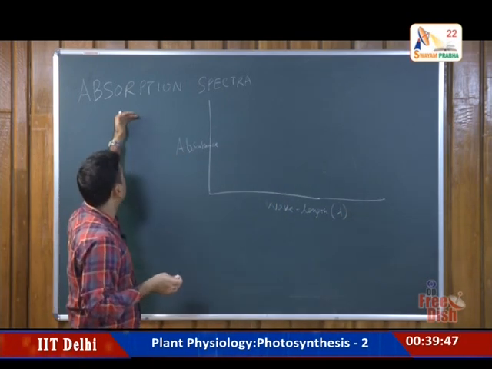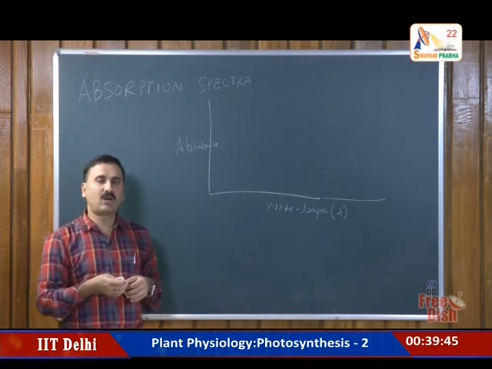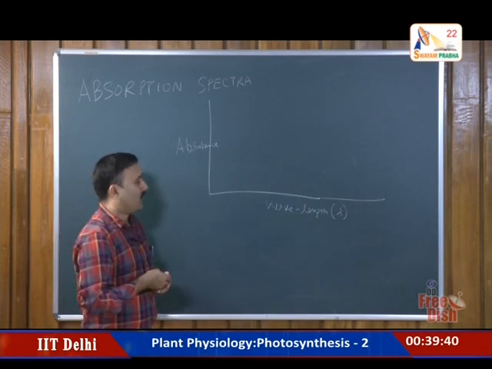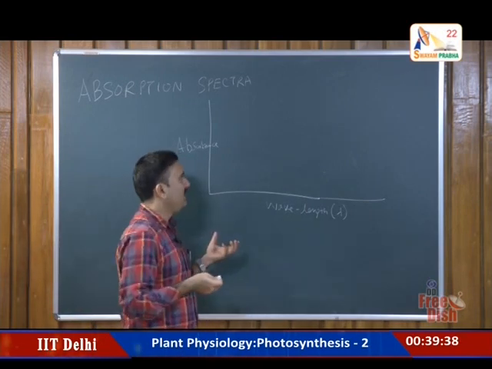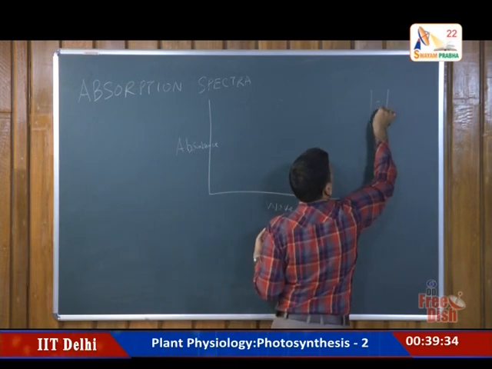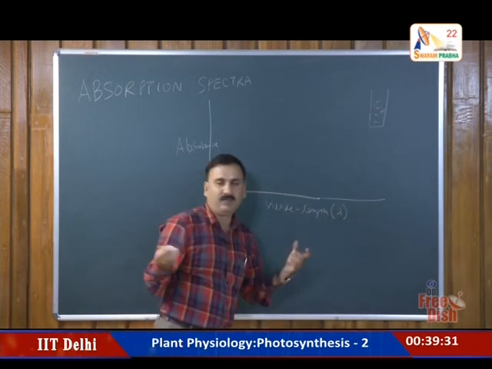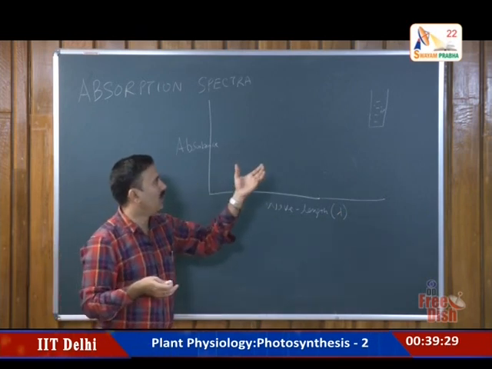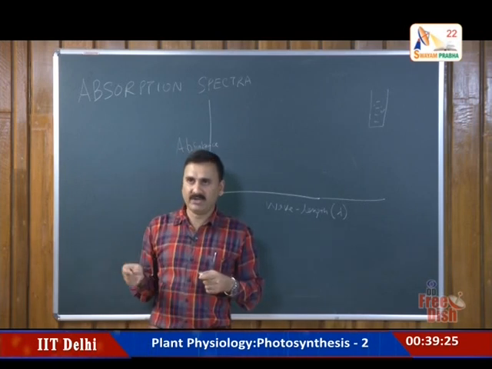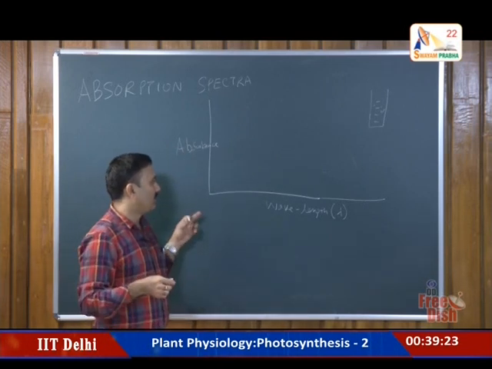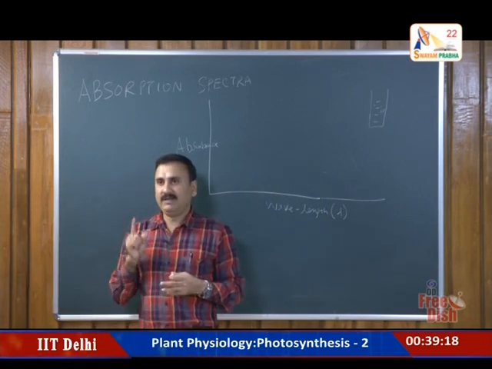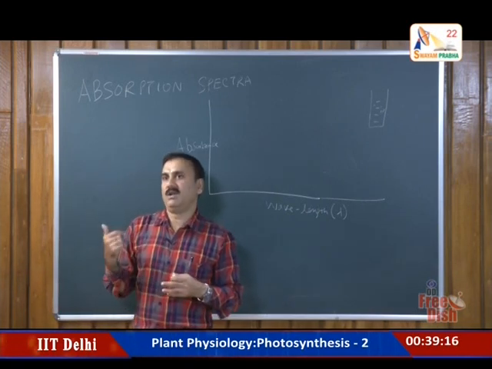So, what you have to do for getting an absorption spectra of a typical fluorophore or typical molecule or the pigment is you take the pigment and put it into a cuvette. Okay. So, you make the suitable solution, put it into a cuvette, and then you put that cuvette into the spectrophotometer, and then ask the spectrophotometer to excite this molecule with the different wavelength light and tell me what is the absorbance.